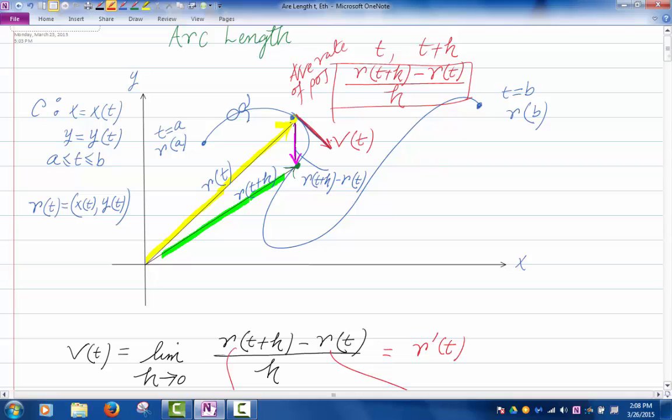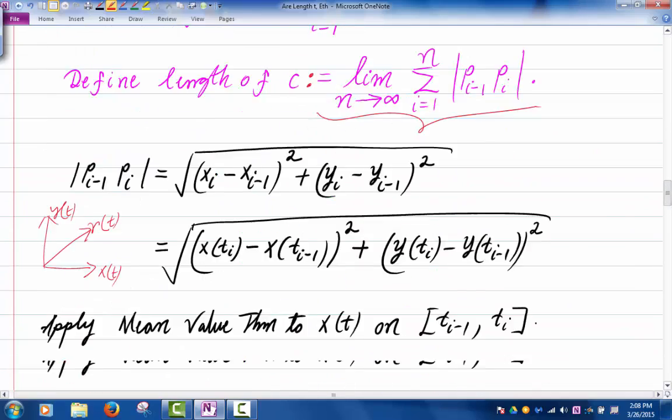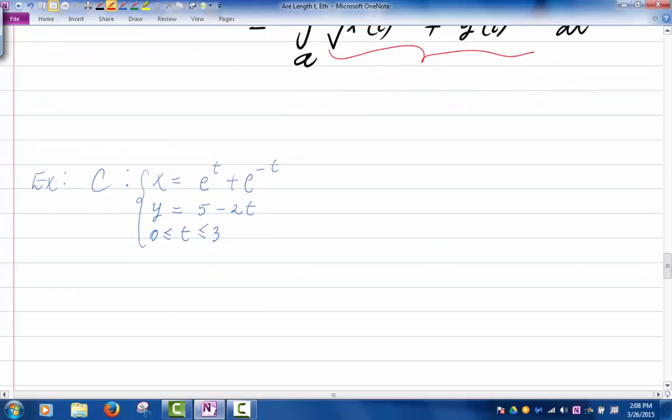Because if you trace the curve twice and you compute the length by using the formula, you're going to get twice the length of the curve. Am I making sense? So you have to make sure that the curve is traced exactly once. Otherwise, you'll be getting twice the length.